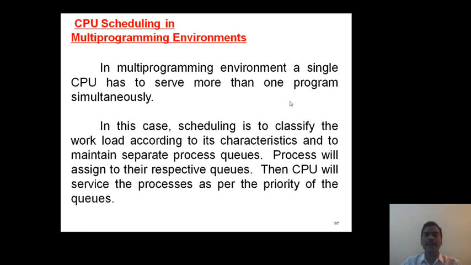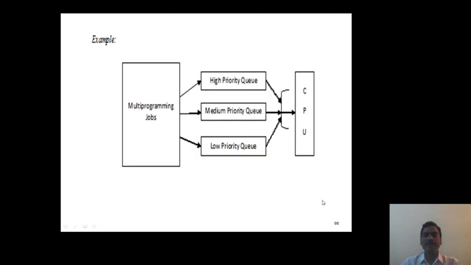Based on the type of the jobs submitted to the CPU, it maintains three types of queues: high priority queue, medium priority queue and low priority queue.